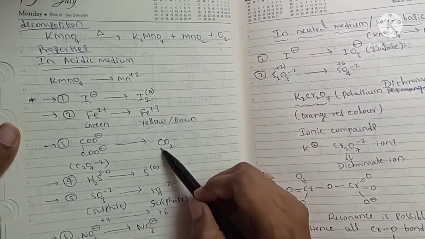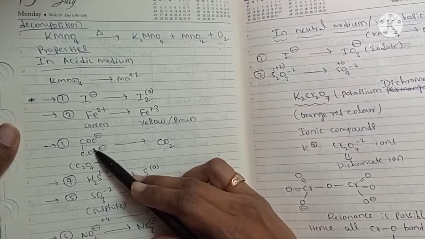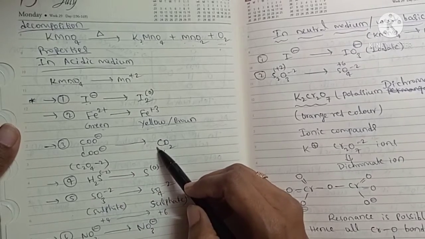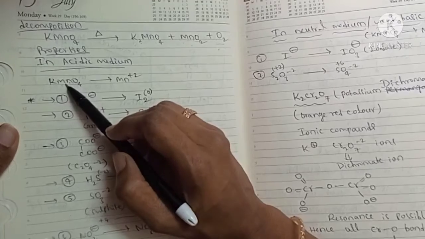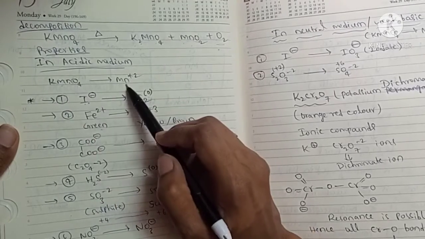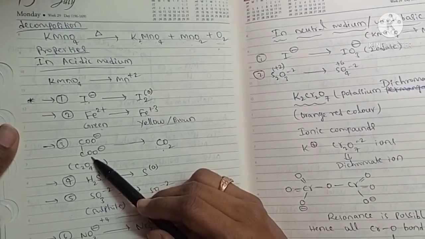Here the oxidation state increases, from +3 to +4, meaning it is an oxidation. Here Mn changes from +7 to +2, reduced, and it oxidizes the oxalate ion.